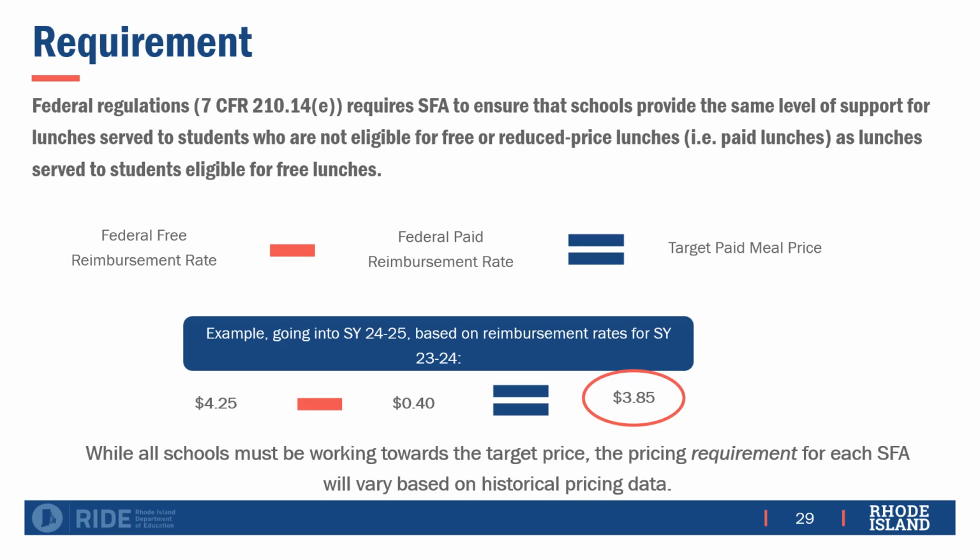Prior to the passage of the Healthy Hunger-Free Kids Act of 2010, there were no statutory or regulatory requirements for sponsors in establishing prices charged to students that do not qualify for free or reduced price meals. However, USDA's research showed that the revenue received by schools for paid meals is often too low to cover the costs of those meals, effectively shifting federal subsidies designed for the lowest income students to less needy students.